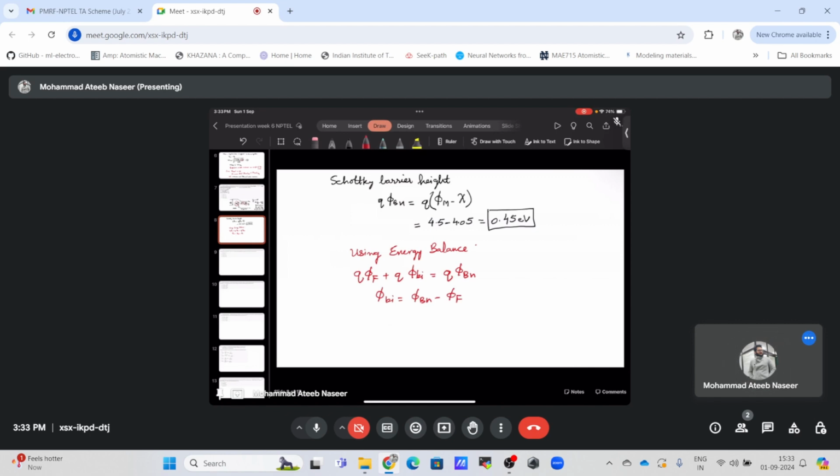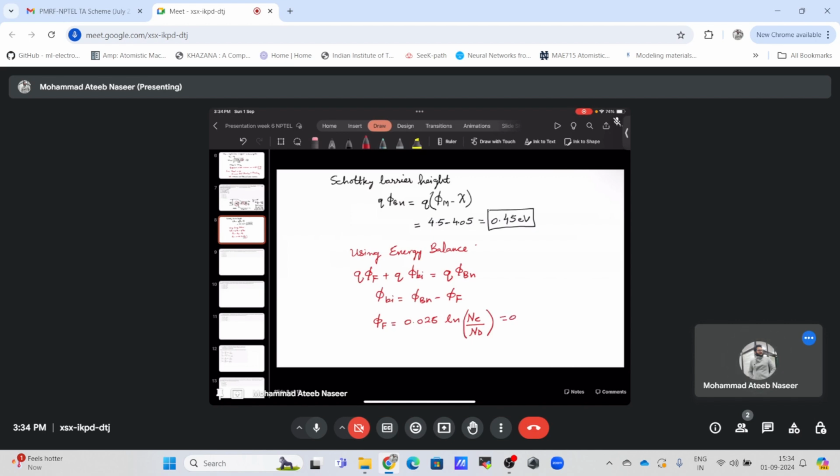So phi f is simply kT, which at 300 Kelvin is 26 milli electron volts, times ln of Nc, the effective density of states in the conduction band edge, divided by Nd.